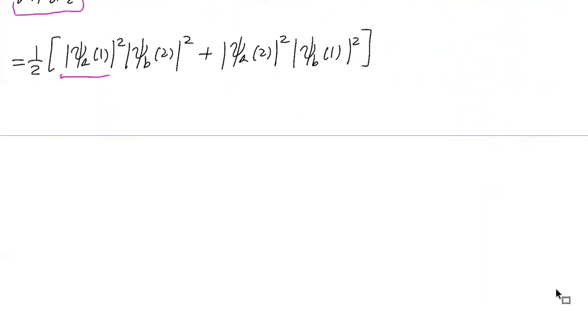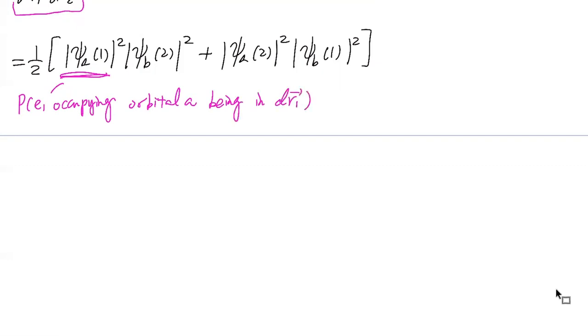What is this term? This is the probability for the electron 1 occupying orbital A being in dr1, right? What is this term?